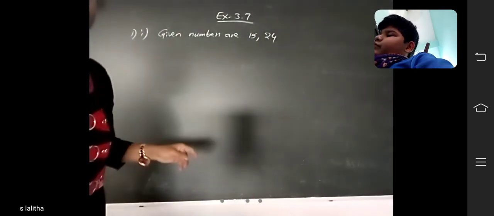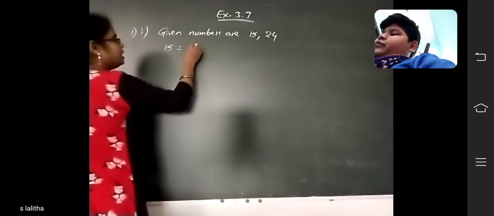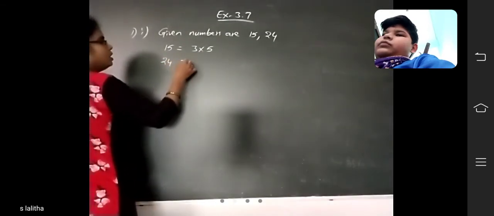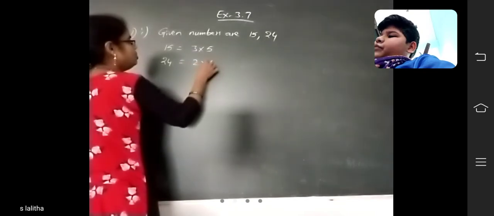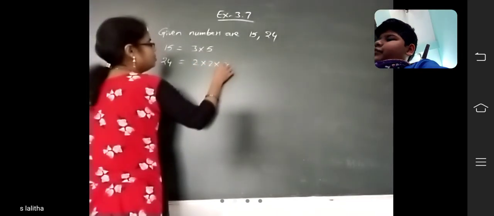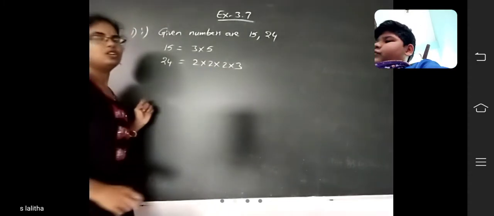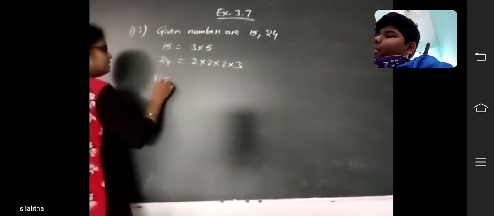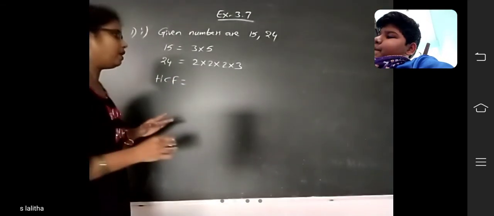Okay. So first find the factors for 15 and 24. 15. What are the factors? 3 into 5. And 24. What are the factors? 2 into 2 into 2 into 3. 2 2 is 4, 4 2 is 8, 8 3 is 24. Okay. Now, find the HCF. HCF means you have to find the common factors.